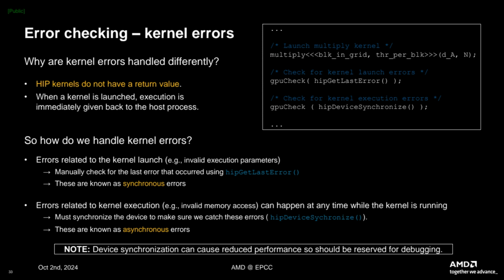Just be aware that synchronization barriers are good for debugging, but they can really slow down your code if you're trying to get good performance. So just be mindful that if you are seeing slowdowns that you don't expect, maybe it's because you are including too many synchronization barriers in your code.